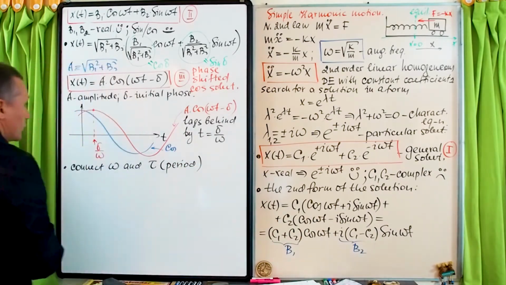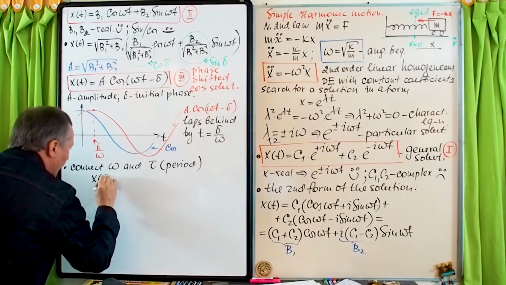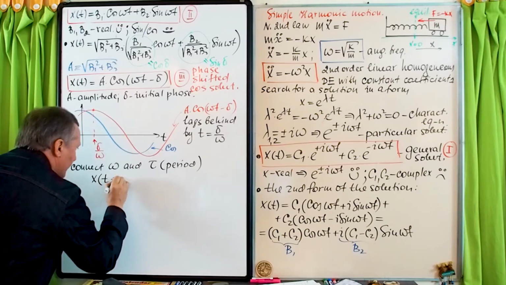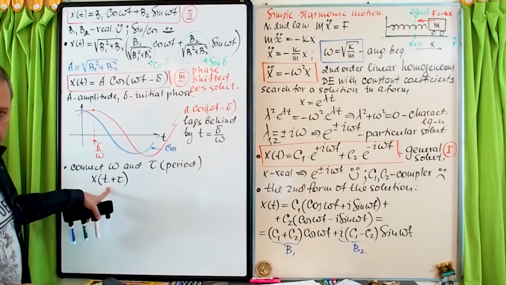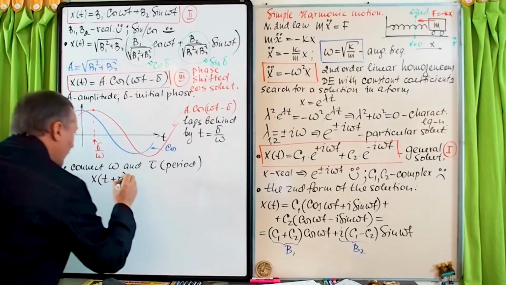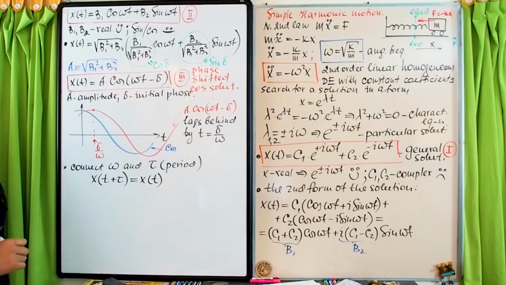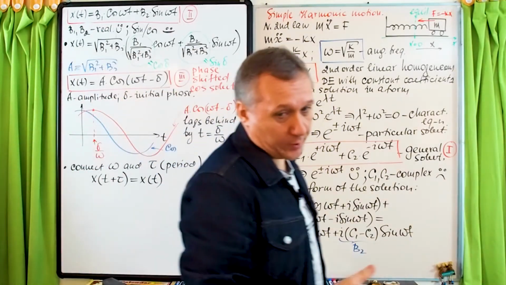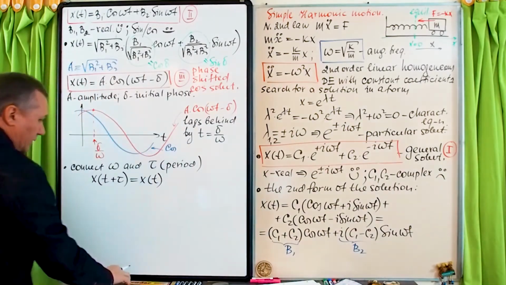Right? So periodic means that if I look at the system at t plus tau, shifted by the period from a certain moment of time, where t is an arbitrary moment, it must be equal to x at moment t. After a period, the system reproduces itself.